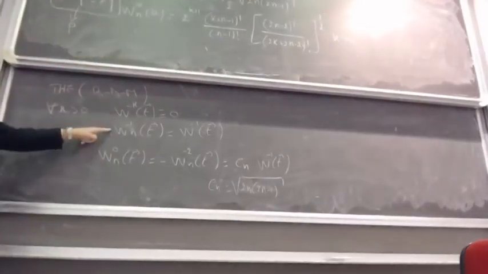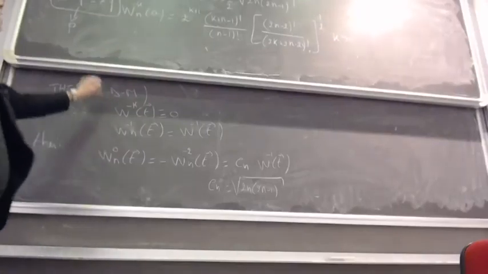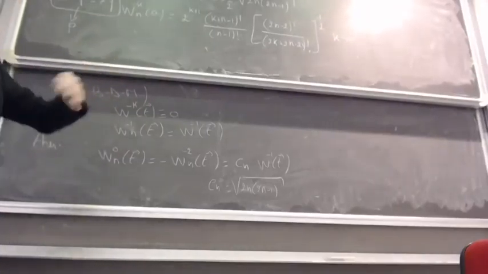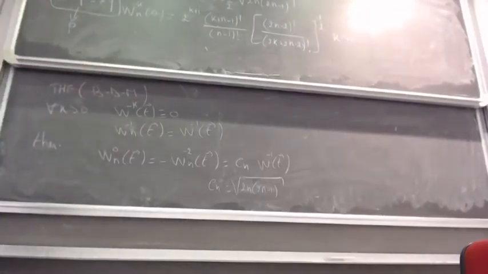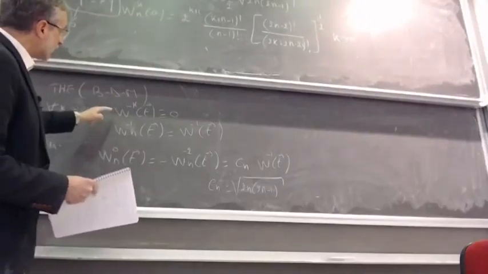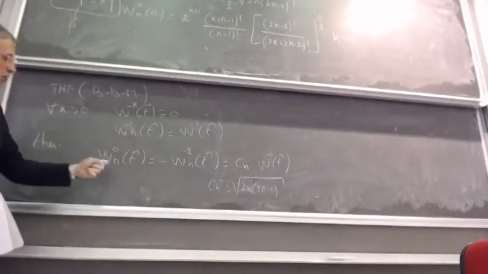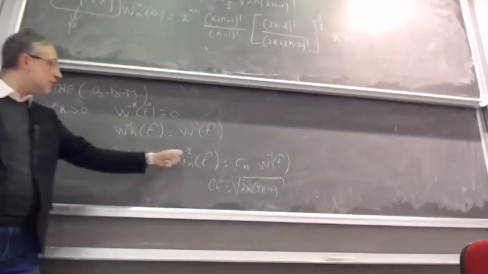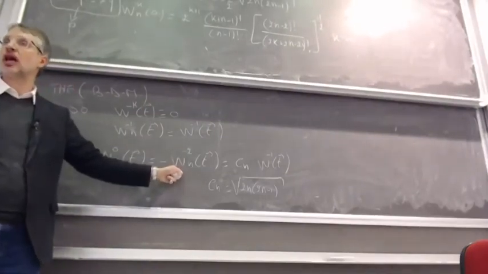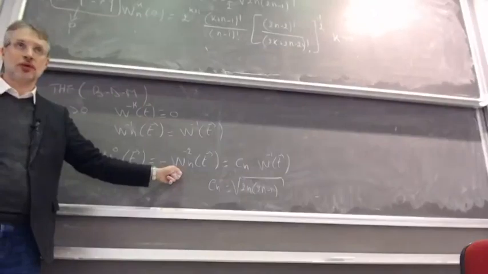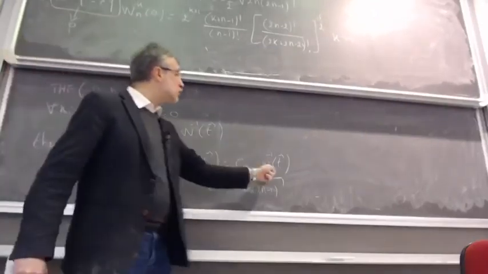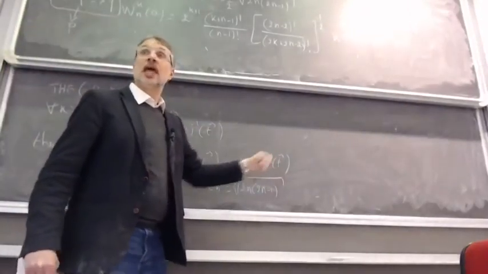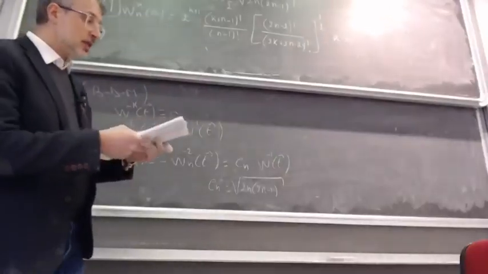So if you impose this assumption and you use it in the equations which the W satisfy, what we get as a consequence is that W^0 and W^{-2} are essentially the same up to a minus sign. They are the same as W^{-1}. And then what we're left with is a further property.